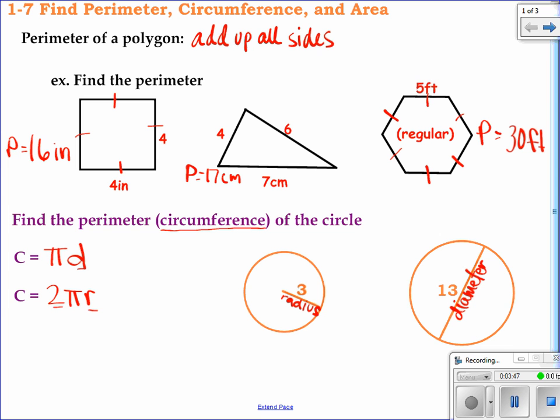Now remember, in my class, you always have 3 lines of work whenever you are involving a formula. And this goes from here until the end of May when we're done. Okay, so we need to write the formula first. If they gave us the radius like they did in the first one, let's use the one that has the radius in the formula. Always step 1 is to write the formula.